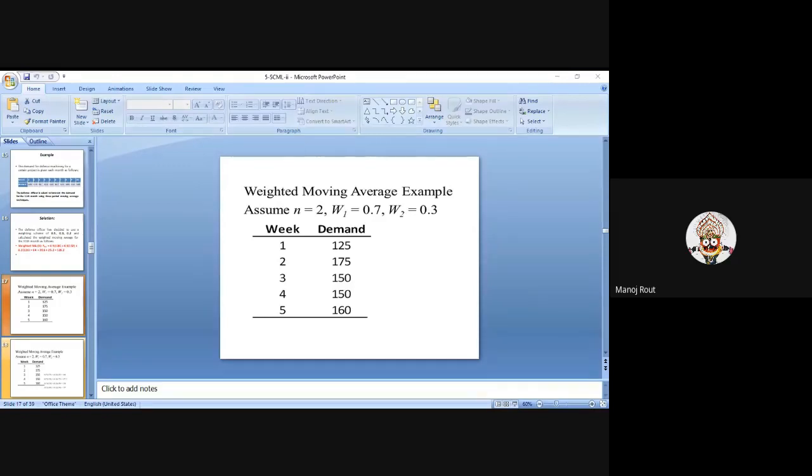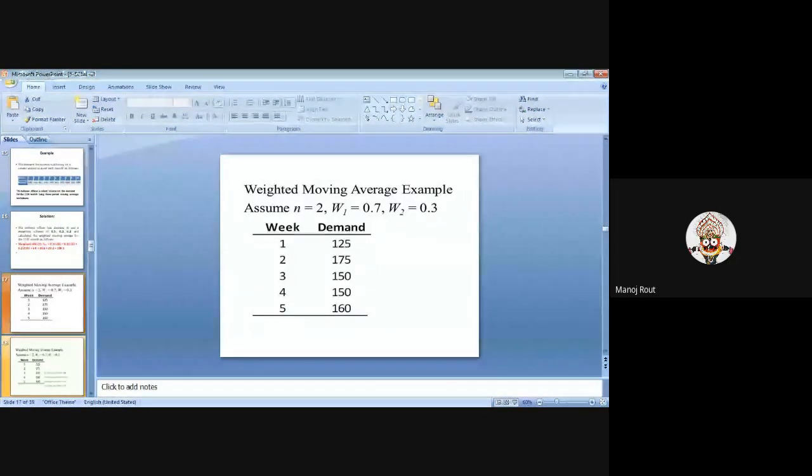For which week? For the 6th week. Yes, no, I think the answer is wrong. Sir, we assume 2 periods, then we take 160 into 0.7.